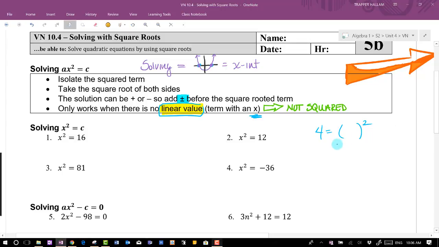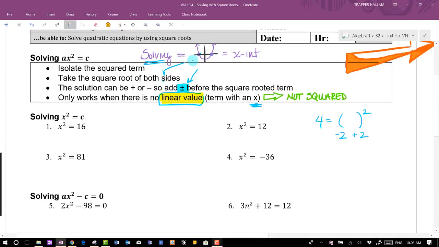There are 2 terms that would work, a -2 and a +2. If we square either of those terms, they're both going to make 4. So there's a possible negative and a possible positive value that works. That's where this comes in. It accounts for the fact that there's either a negative value that might work or a positive value that might work. So we have to add that anytime that we're solving and we take a square root.